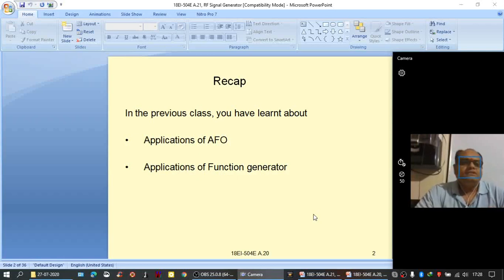Audio frequency oscillator is a signal generator which produces signals within audio frequency range, that is 20 Hz to 20 kilohertz.